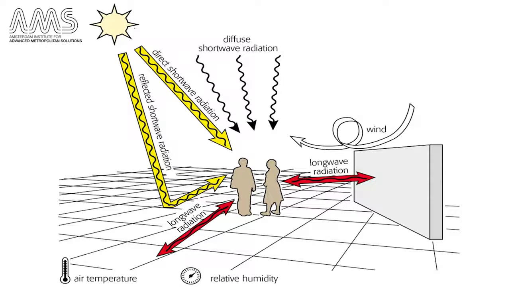And then there's also long-wave radiation, or in other words, the warmth that is emitted from objects in the city. For instance, when you're sitting in front of a wall that has been warmed over the day and is still emitting heat at night, that's what you can feel as long-wave radiation. Apart from that, wind, air temperature and also a little bit the relative humidity of the air play a role in how you experience temperature as a totality.